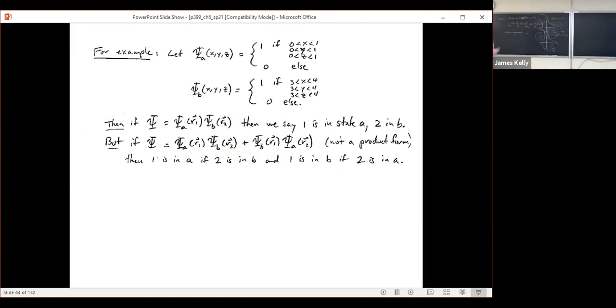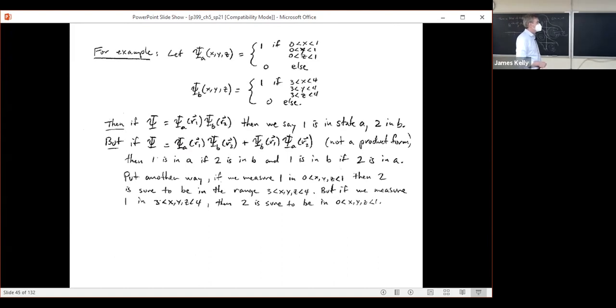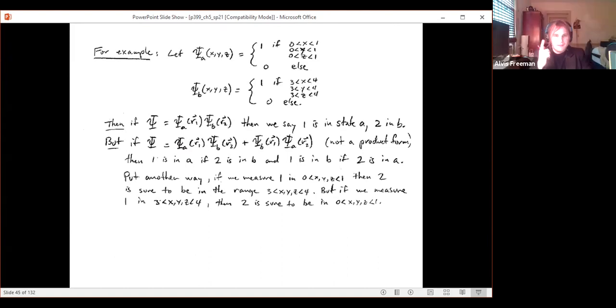And so they're not allowed to be in a product form. And so we can never talk about one of the particles being in one state and another one being in another state. Question. Yes.